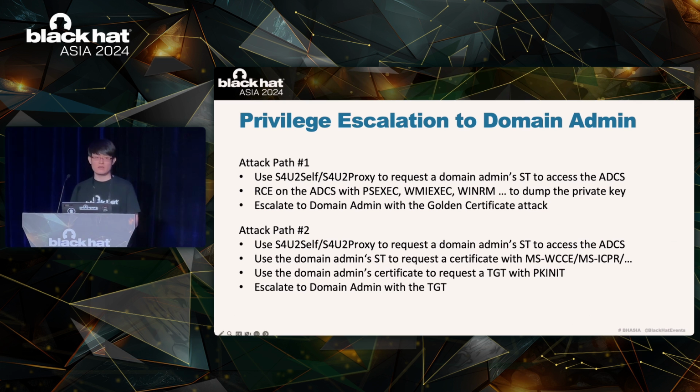You can RCE on ADCS and escalate to domain admin with the golden certificate attack, or you can request a domain admin certificate first and then use the certificate to request a domain admin service ticket, or domain admin's TGT with PKINIT. Finally, you get domain admin, and you can take over the entire Active Directory and RCE on any domain computers.